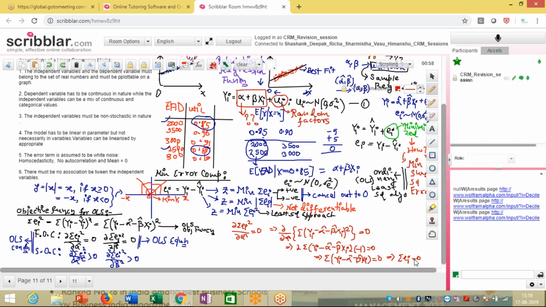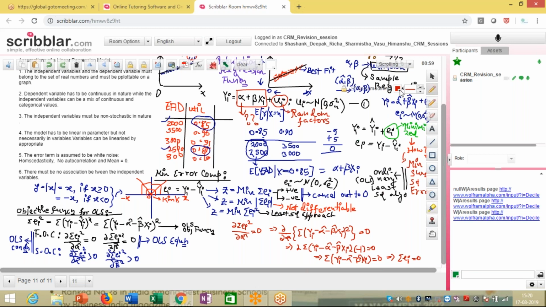The first OLS equation tells us that the necessary condition for getting the OLS done is that the summation ei has to be 0. Now, what is the implication of this?